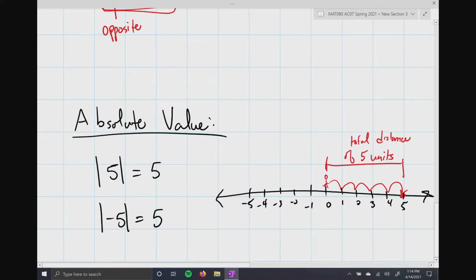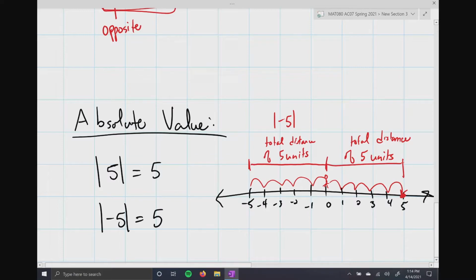Now, I don't like the word value. The word that I want to hear is distance. Because even if I walked in the negative direction, which would be the absolute value of -5, I still walked a total distance of 5 units. I just walked in the opposite direction.